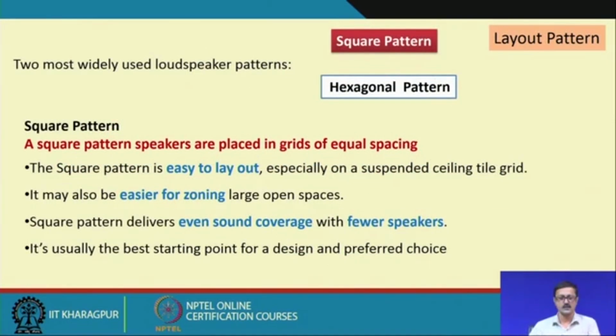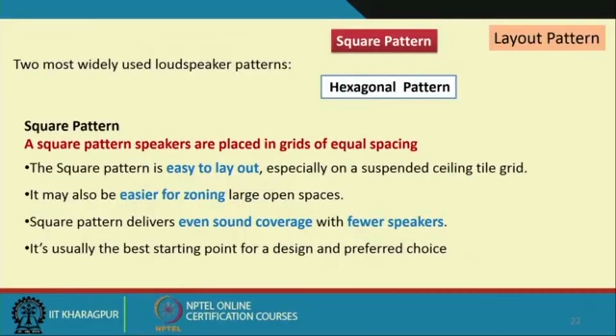and one is hexagon. The square pattern is very easy to lay out, because it is placed in equal grids of squares. The easiest part is that if some kind of strengthening is required in some localized zone, the zoning is much easier in the case of the square pattern distributed system.